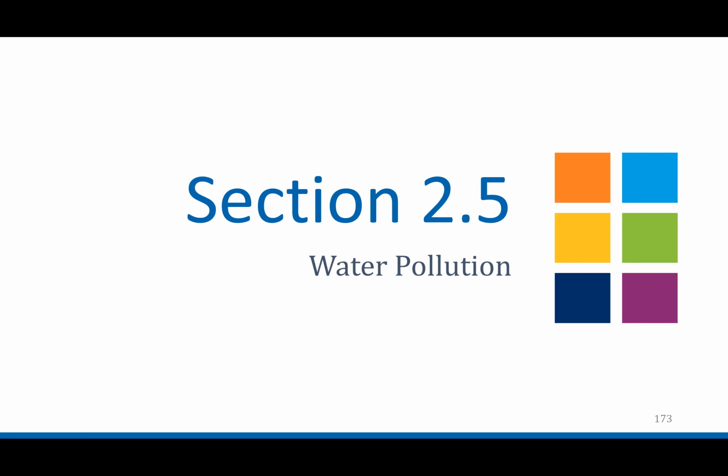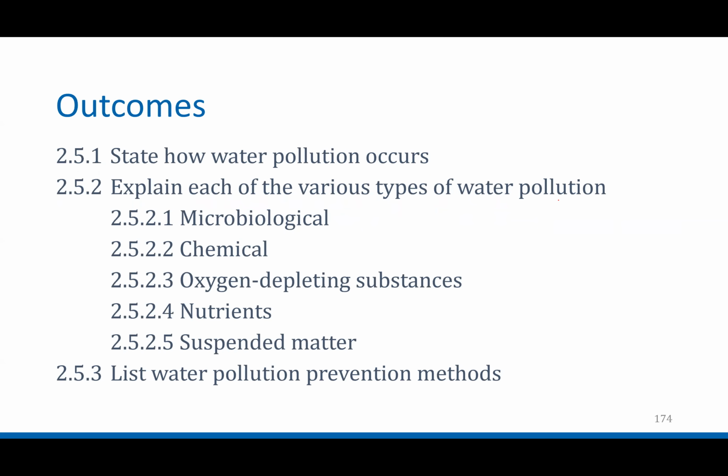So the last section of chapter 2, and this won't take me too long, is about water pollution. We're going to learn how, of course, water pollution occurs. Hint, hint: it can be natural, but many times it's anthropogenic, or human caused. We'll talk about different types, and very quickly about water pollution prevention methods.